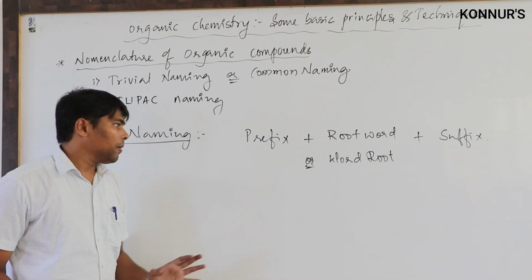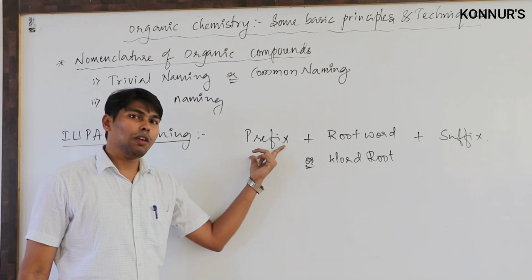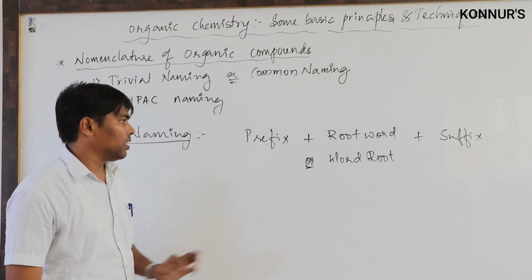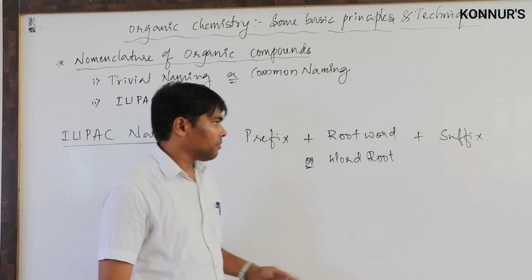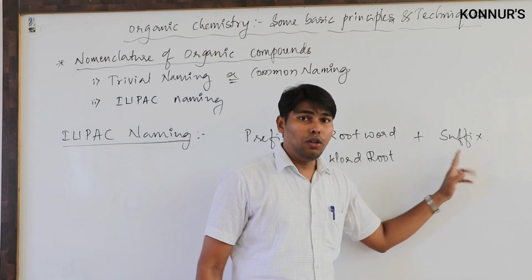In the precise form, prefix is a name given to substituent. Root word is a name given to number of carbon atoms in the parent chain. Suffix is a name given to functional group.